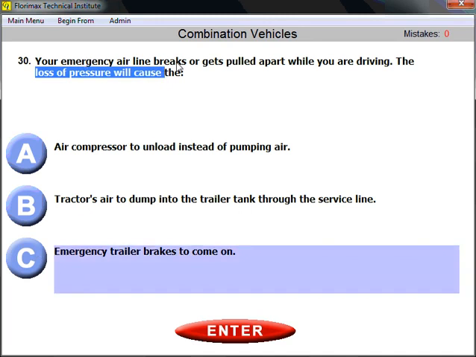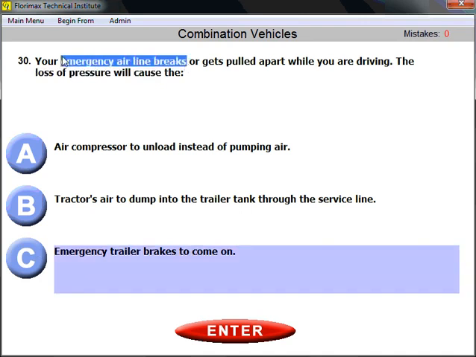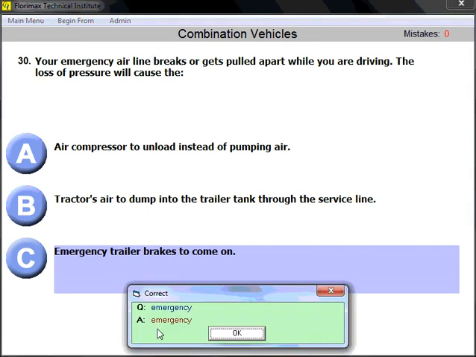Emergency airline, that's why it's called emergency, because it reacts to a serious emergent problem. Emergency trailer brakes to come on. That's what an emergency airline problem will cause.